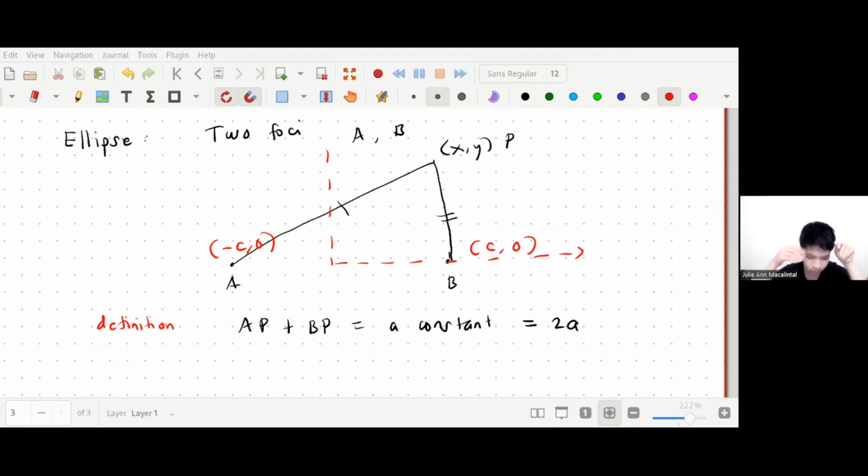Okay, using that definition that the sum of the distances to a point is equal to 2A, find the equation of the ellipse. So ang gusto kong form na yung ending ganito. Eventually makakakuha ka ng something, masusulat mo siya in the form alpha times x square plus beta y square equals 1.